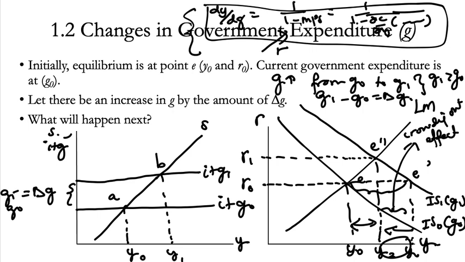So in this case, we want to see what happens if government spending increases, how much output can increase when the interest rate is allowed to move.